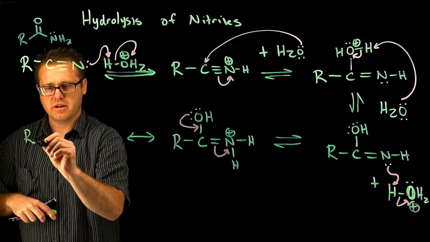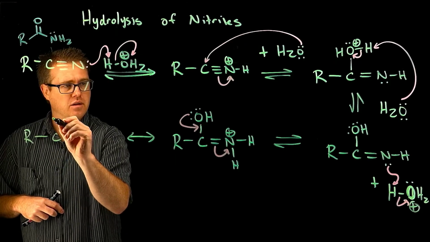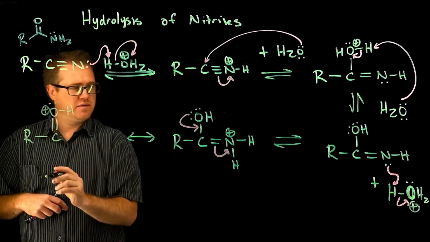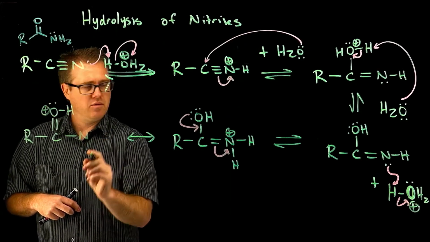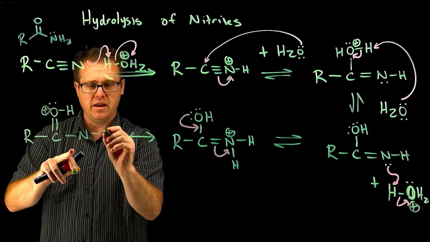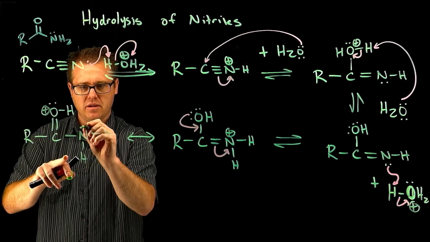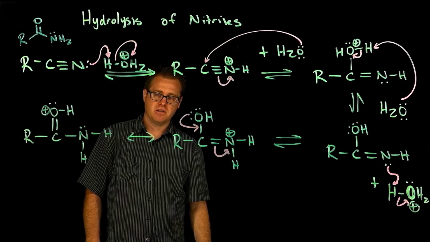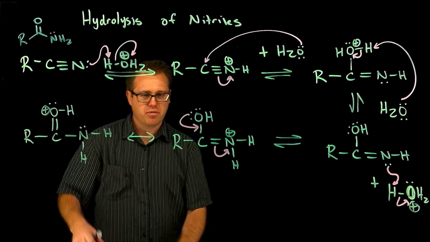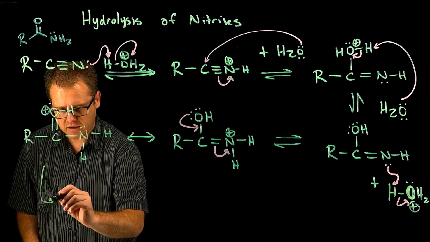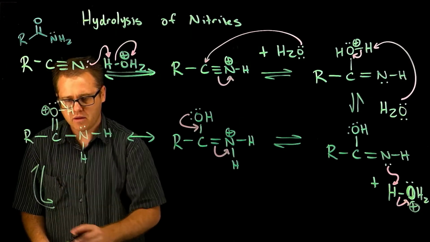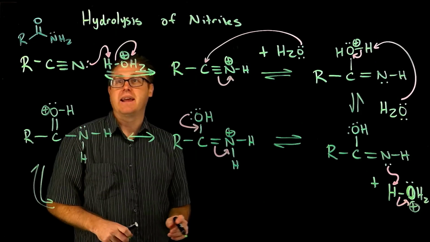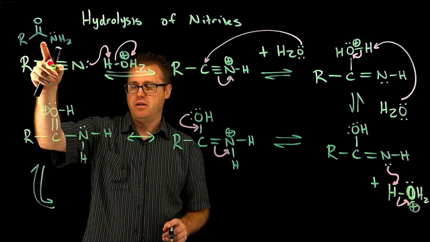We have a resonance structure here. Double bond O, so that's going to be positively charged. We now have a single bond nitrogen and then two hydrogens like that. So that's a valid resonance structure. And then if we just do a proton transfer step, we can get to our product right here.